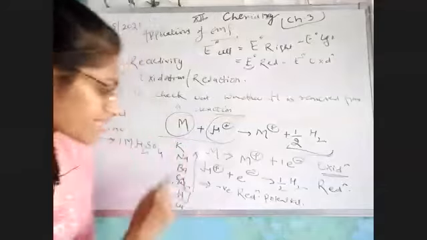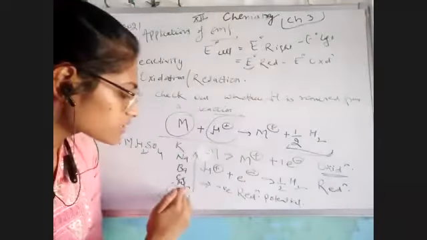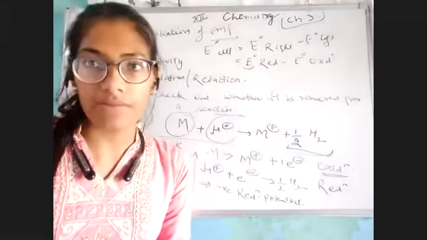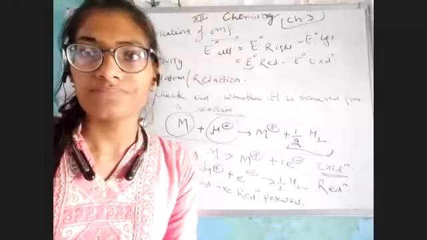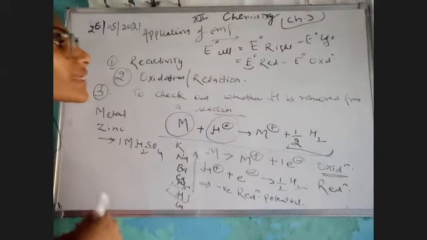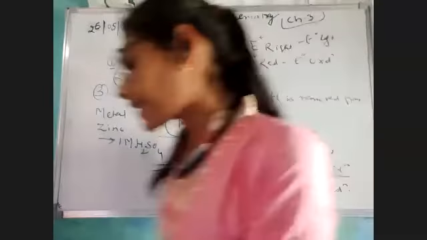And that is why I have also explained it with the help of the reactivity series: the metals lying above hydrogen have more reactivity than hydrogen, so they will replace the hydrogen. So this was the third application of EMF or the electrochemical series. I hope I'm clear with the topic. If not, then please let me know in the doubt session after the end of class. Okay.